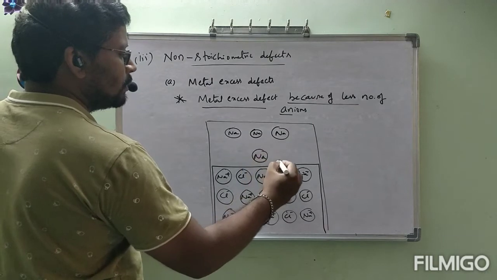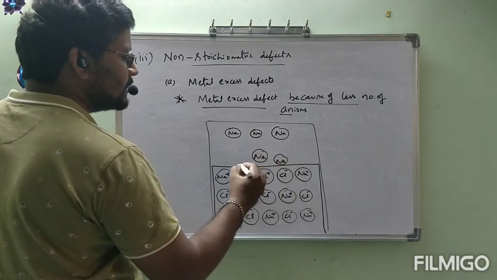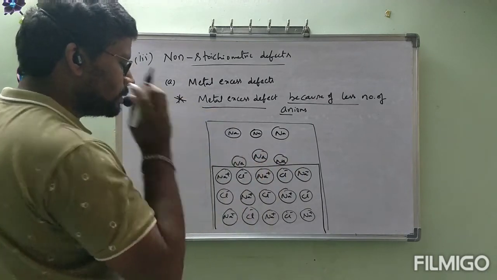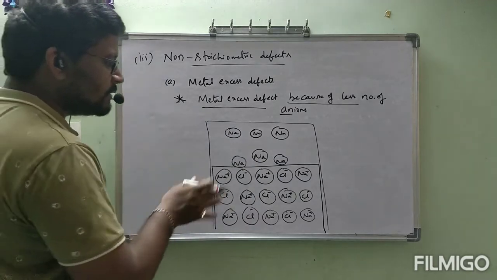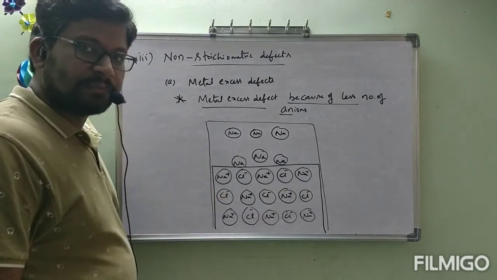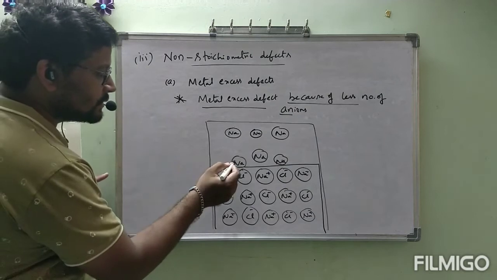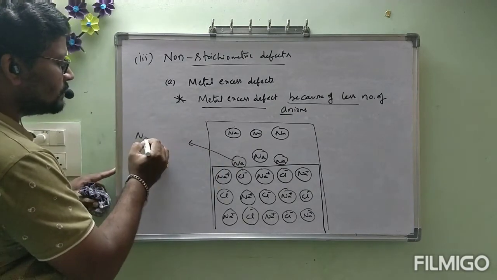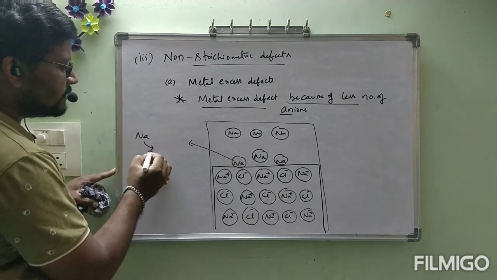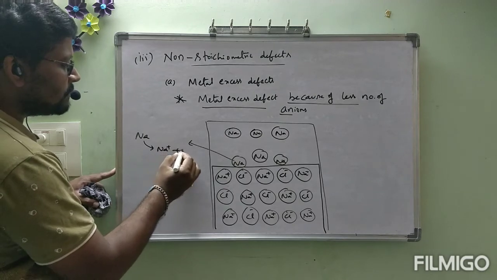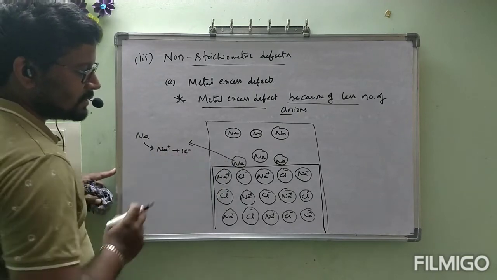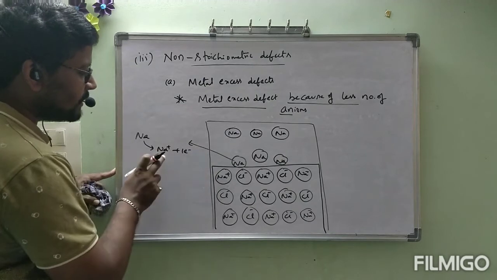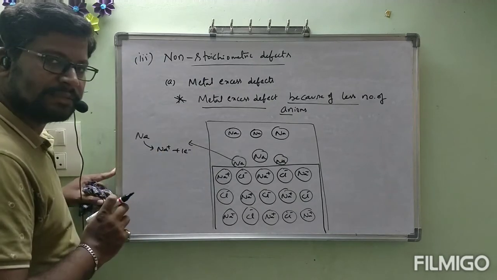In that condition, some sodium atoms will come to the surface and lose an electron to form Na plus. This Na will become Na plus, and the Cl minus.